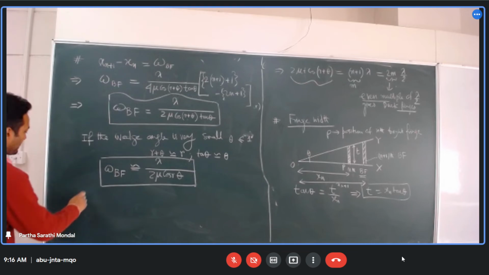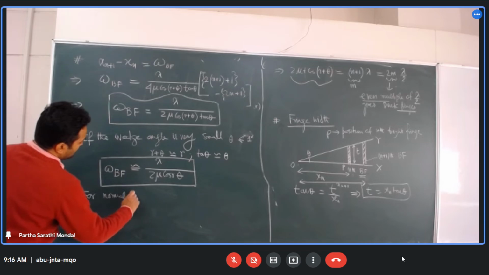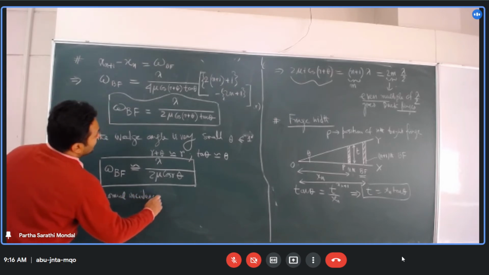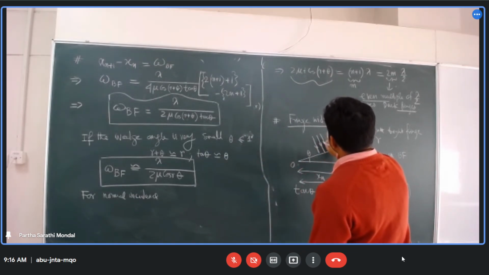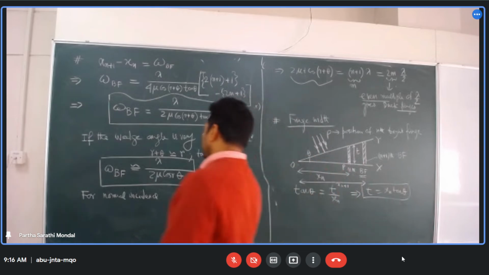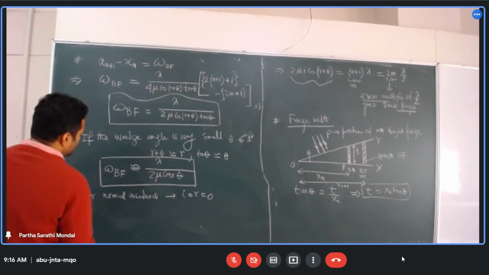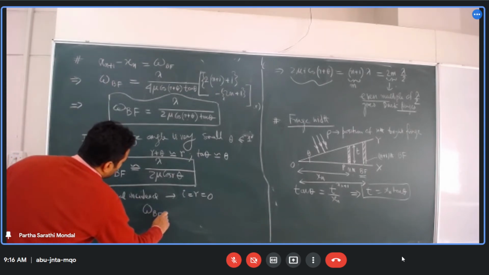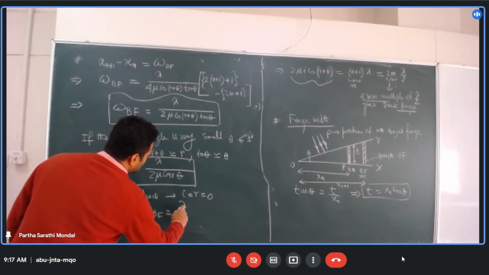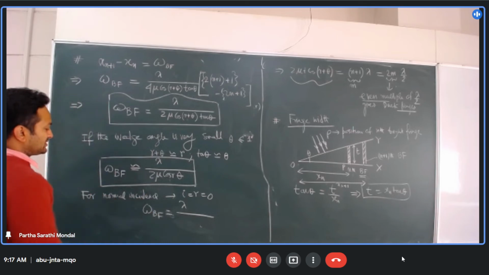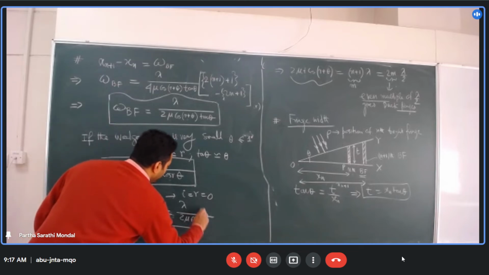So for normal incidence of light, that means the light is falling perpendicularly, okay. So in that case, for normal incidence, r will become equal to 0. So if I put that, then your fringe width will reduce to lambda divided by 2 mu theta cos r, and cos r will become cos 0. So this is the fringe width.